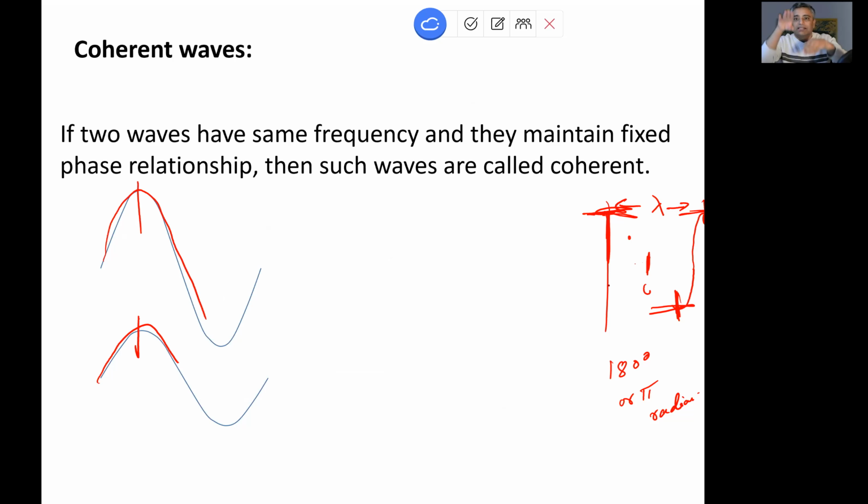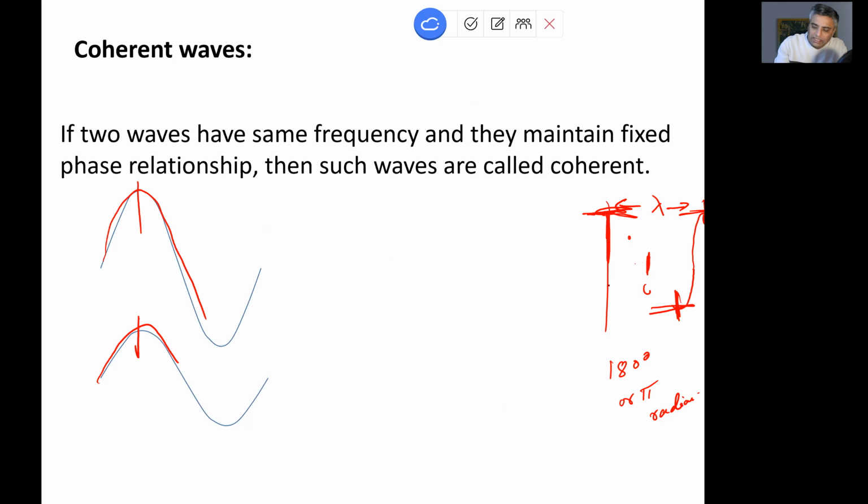So when we are saying phase, it's like how far one is in terms of another one when they are oscillating. If they are going something like this, they are in phase. If one is going down and the other one is going up like this, that's out of phase, okay? And there can be in-between phases as well.